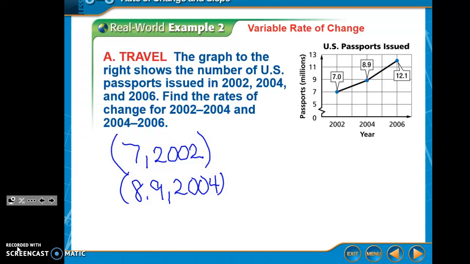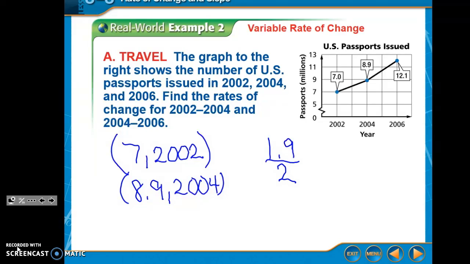To go from 7 to 8.9, how much are we changing? 1.9. And then from 2002 to 2004, how much are we changing on our x-axis? 2 years, right?